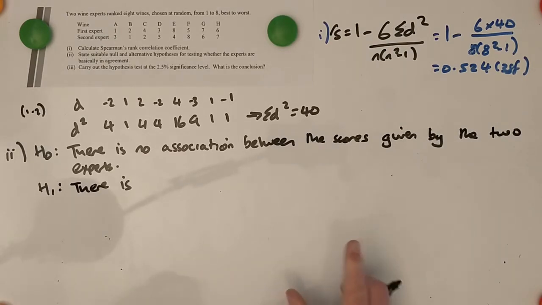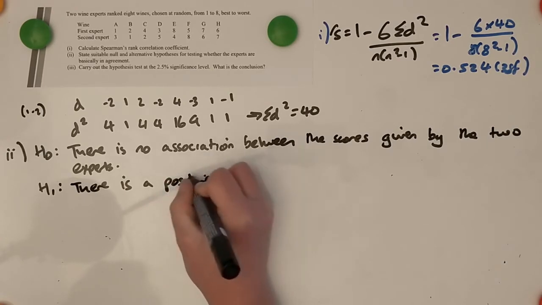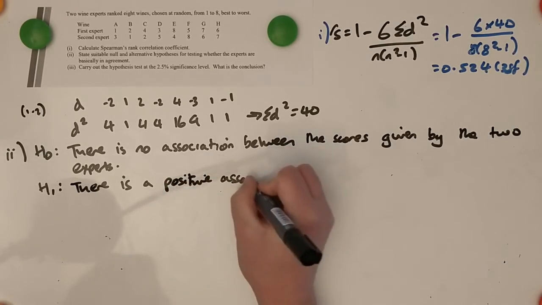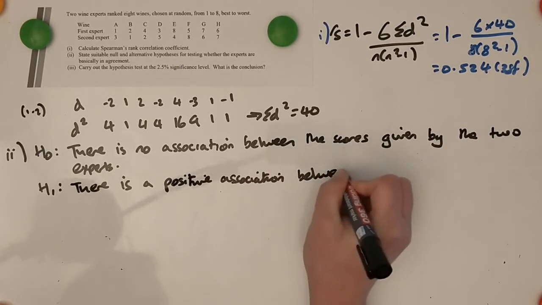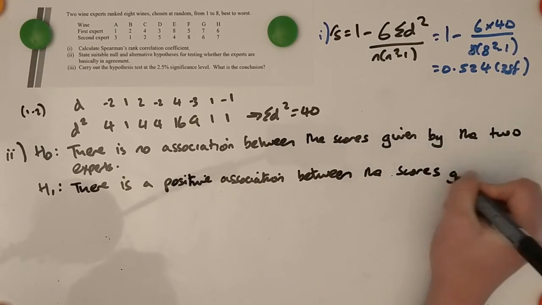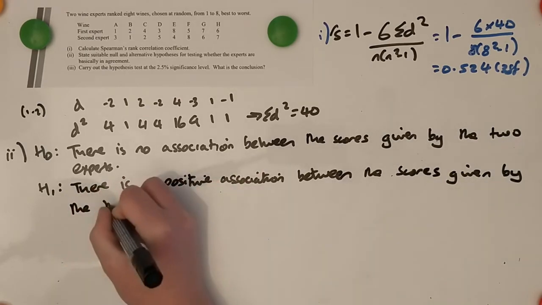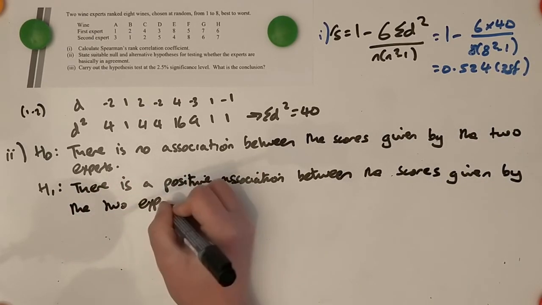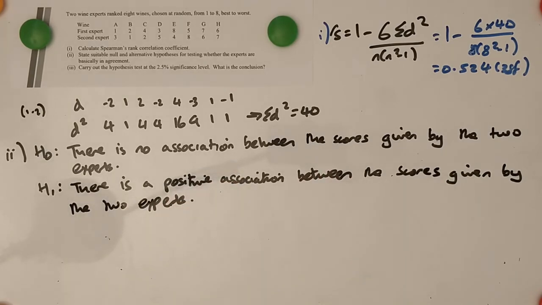So that's a positive association. So there is a positive association between the scores given by the two experts. I know it's annoying to write it out and we can't just use rho, but it's worth at least a mark. On to part 3.